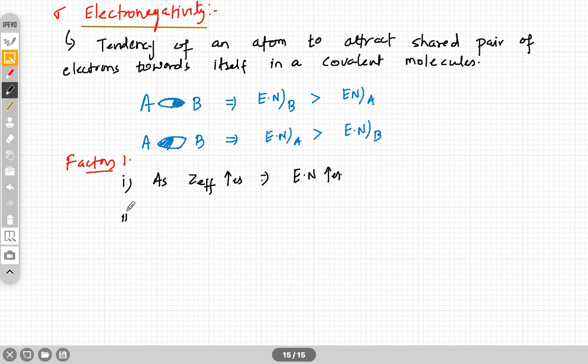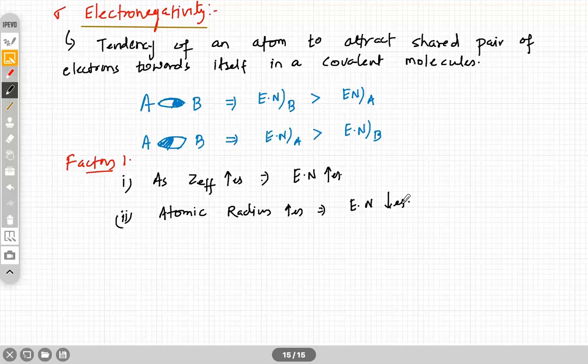As atomic radius increases, electronegativity decreases. That's why if you go top to bottom, electronegativity decreases.